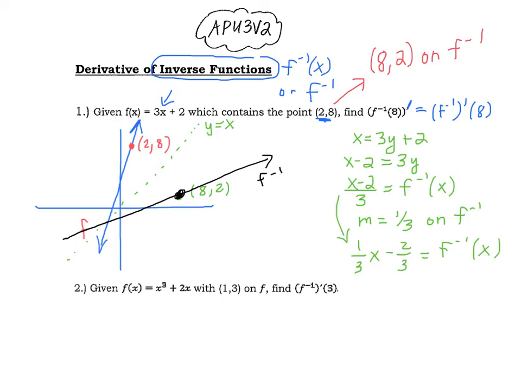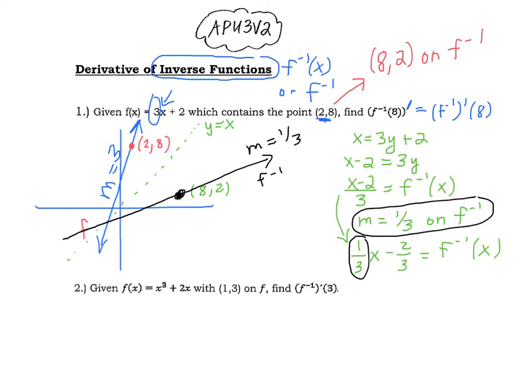If we want to find the slope of that, we mentioned that it's always going to be 1/3 because it's a line, and you can see that the slope is 1/3. If we go back to our original function, notice that the slope is 3. The slope of this line is 3.